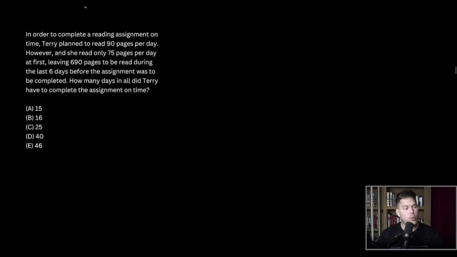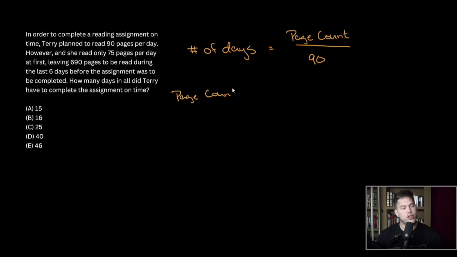All right, so we know that the number of days that Terry had to complete her assignment would be equal to the page count divided by 90, as that's what she was expecting to read each day. However, what is our page count? Well, our page count would be equal to 75 times the number of days in which she read 75 pages plus the remaining 690 pages.